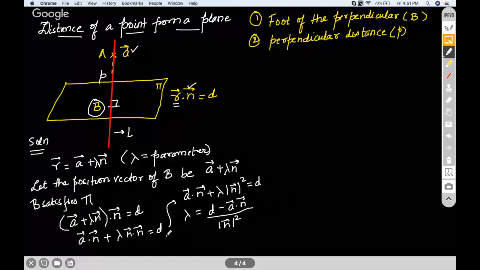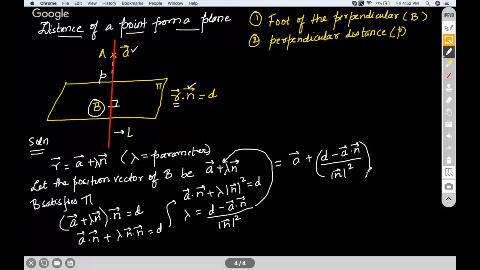Is that okay? Now let's replace this lambda back. I get the position vector of B as A plus lambda, which is this expression, times n.